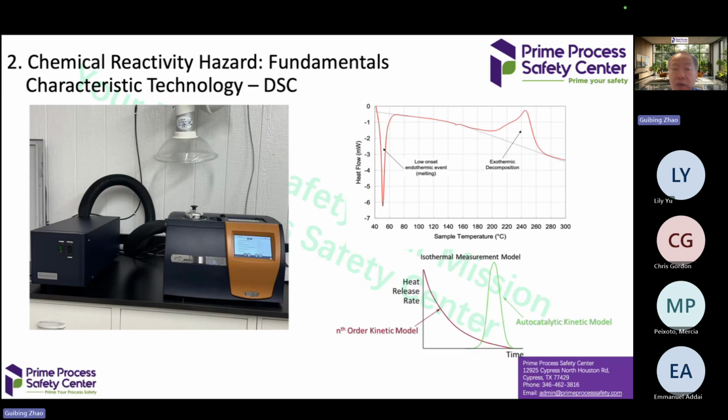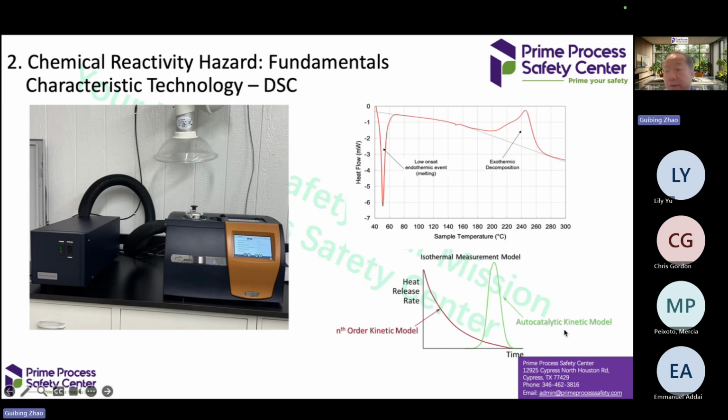Another good use of DSC is to identify autocatalytic reactions. For example, for a normal nth order kinetic model, at the very beginning the concentration of the reactive chemical is high, so with time going on, the reaction heat release rate will drop.